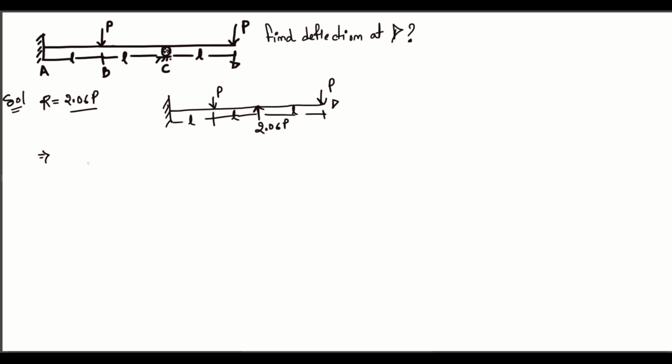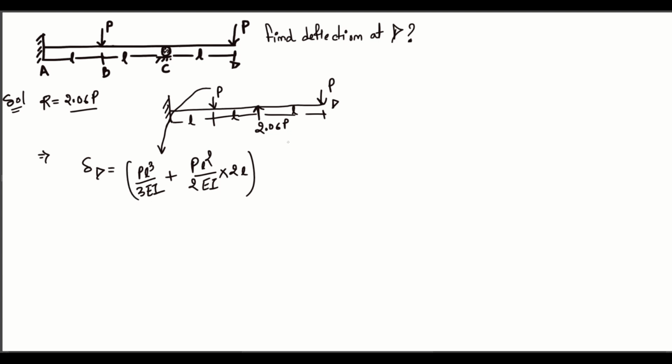Now if I write the expression for deflection at D, it will be like for this term PL cube by 3EI plus PL square upon 2EI multiplied by the distance from B to D, which is 2L.